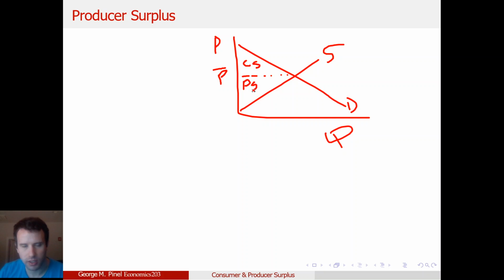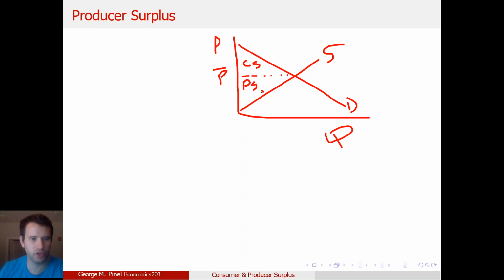And it'll be the difference between the producer's marginal cost and the price, or the willingness to supply and price. And basically what that's saying is for each additional unit sold, they're getting some sort of profit on it. Profit is revenue minus cost, where price times quantity is revenue.